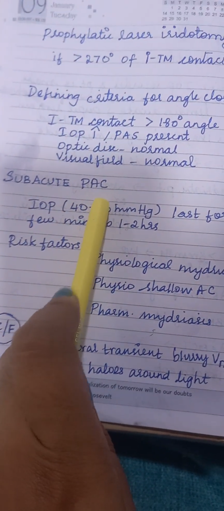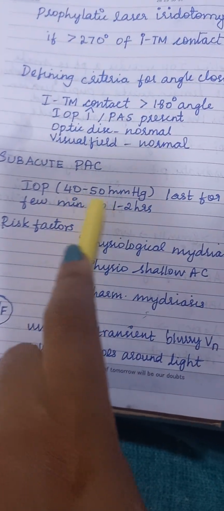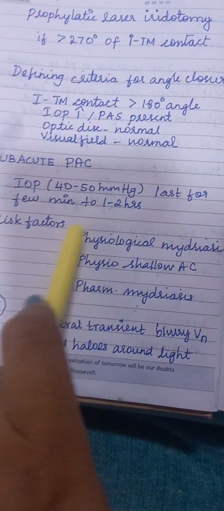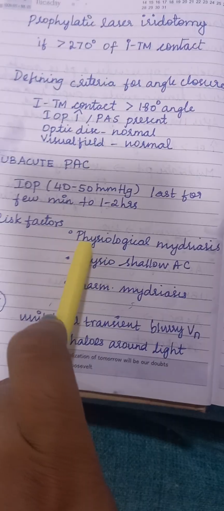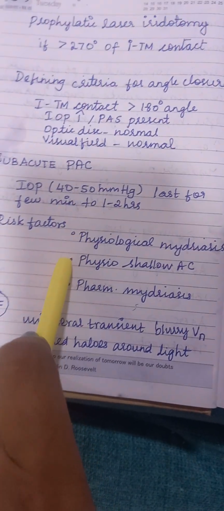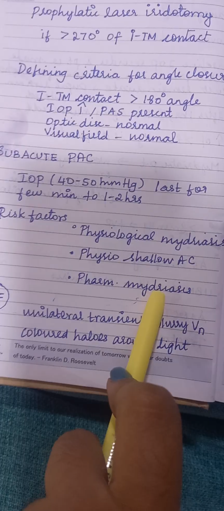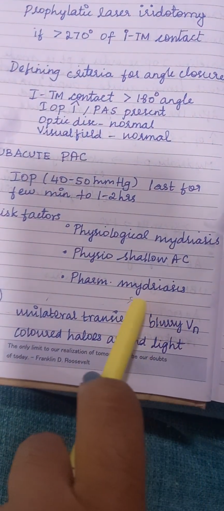Then subacute primary angle closure glaucoma, the IOP is between 40 to 50 mm Hg and lasts for minutes to 1 to 2 hours. Risk factors include physiological mydriasis, physiological shallowing of the anterior chamber, and pharmacological mydriasis using certain drugs.